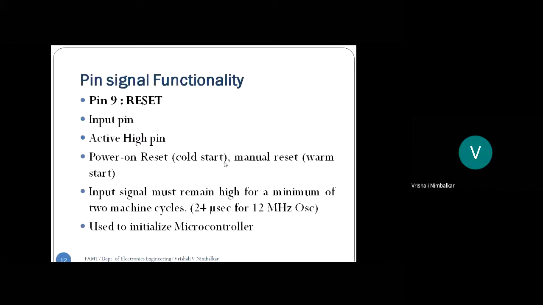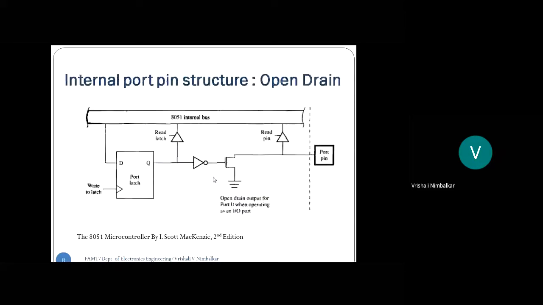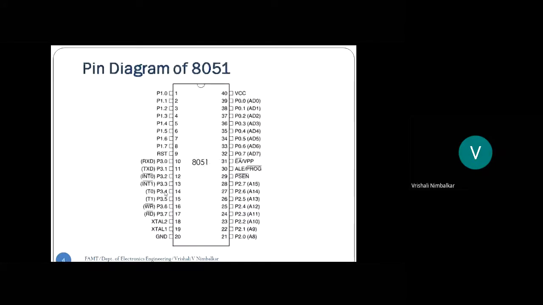So we will go to the next pin function, and that is the reset pin. Now this is a very important pin among all the 40 pins. Yes, VCC and ground are important, and the next important one is the reset pin. Okay, pin number 9. If you look into the pin diagram, that's your pin diagram, pin number 9, RST.